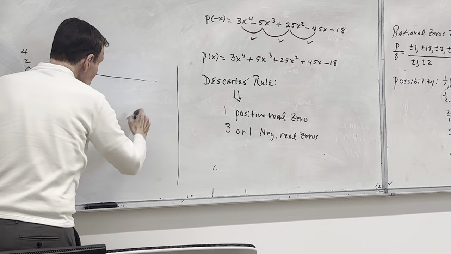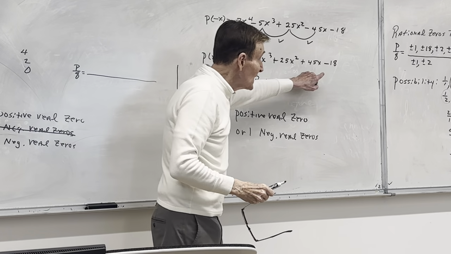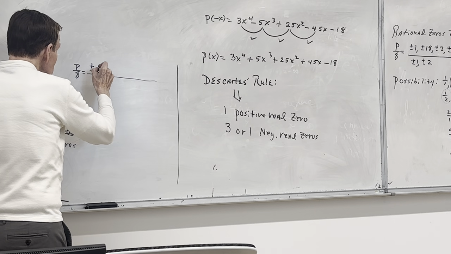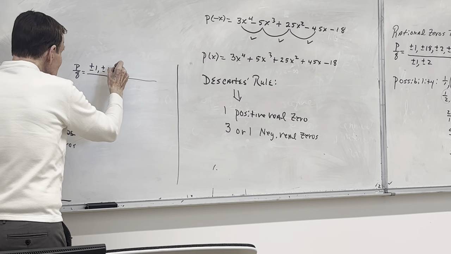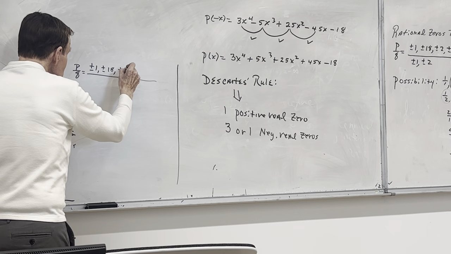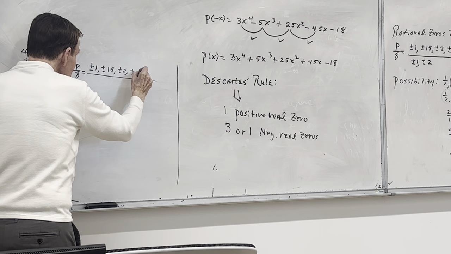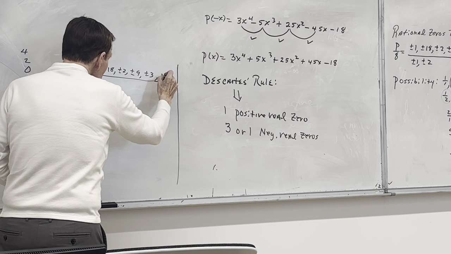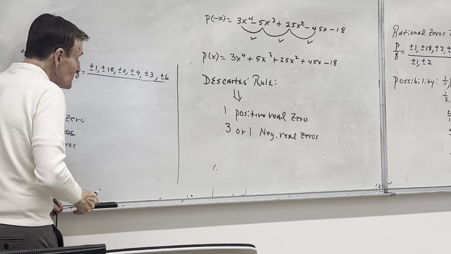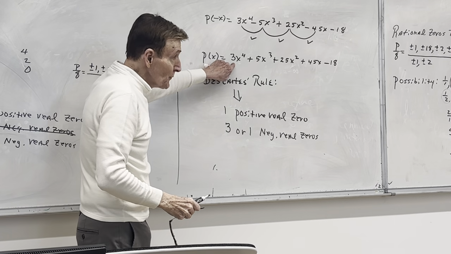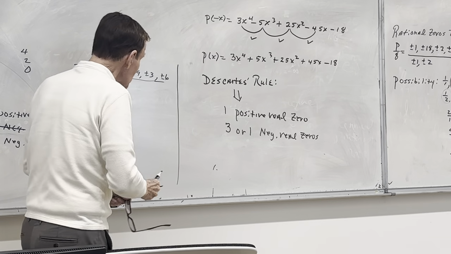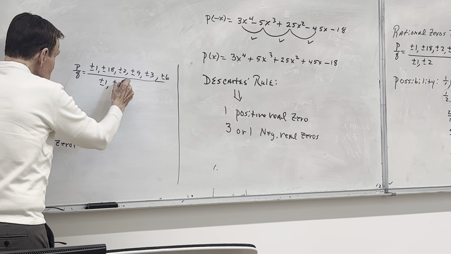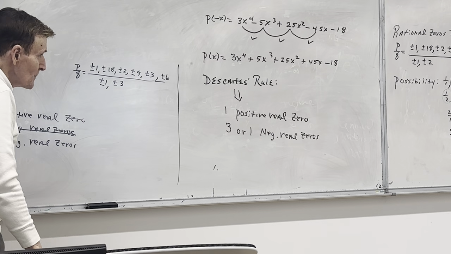Rational zeros theorem: on top, list all the factors of negative 18. Plus minus 1, plus minus 18, plus minus 2, plus minus 9, plus minus 3, plus minus 6. Leading coefficient 3: list all the factors of 3 in my denominator, plus minus 1 and plus minus 3.